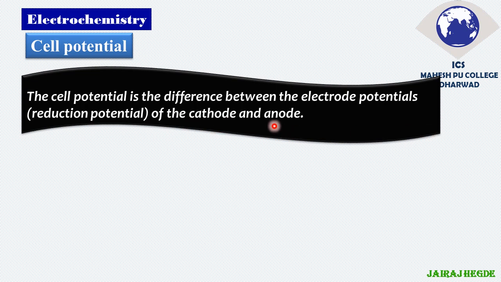This is important. Cathode is first, then comes anode. We have to subtract: electrode potential of cathode minus electrode potential of anode.